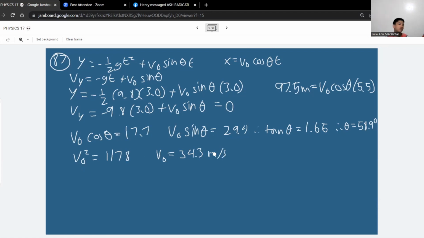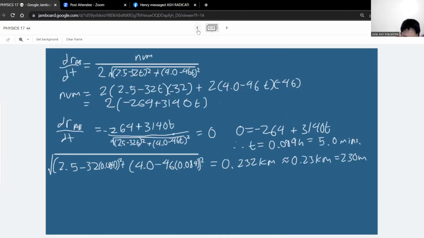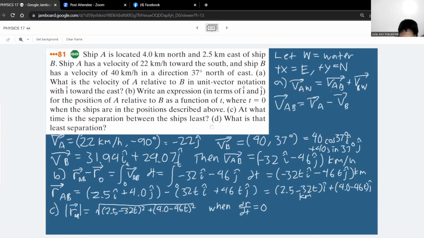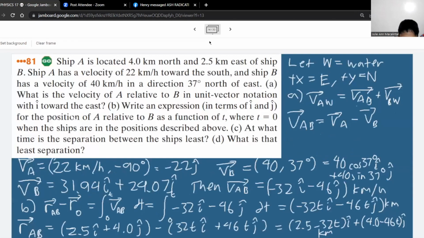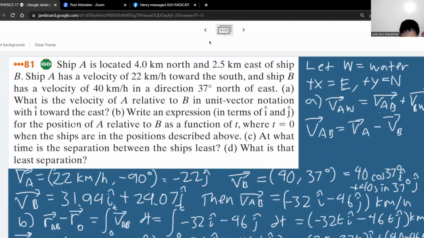Okay. So pag meron ka na niyan, alam na natin yung trajectory kasi kumpleto na yung information natin ng X versus T. Tapos, ano tinatanong? Velocity of AB.